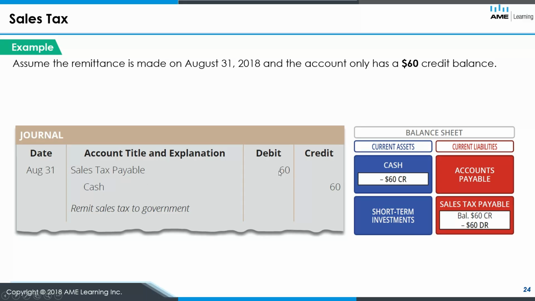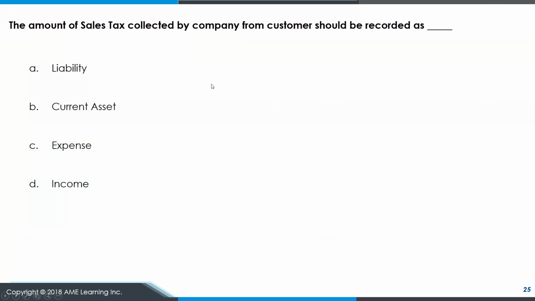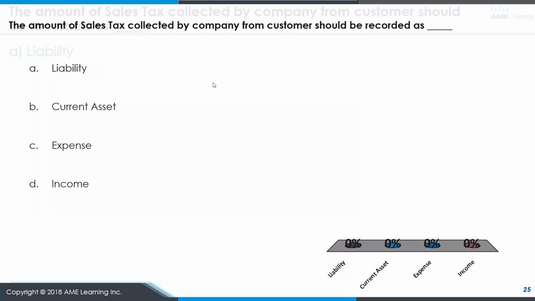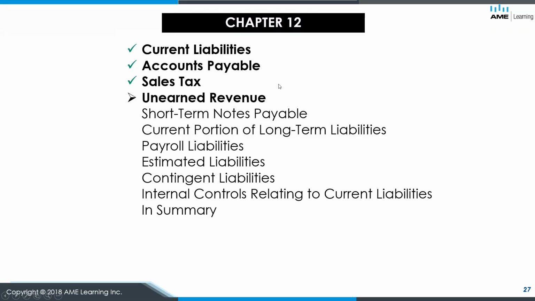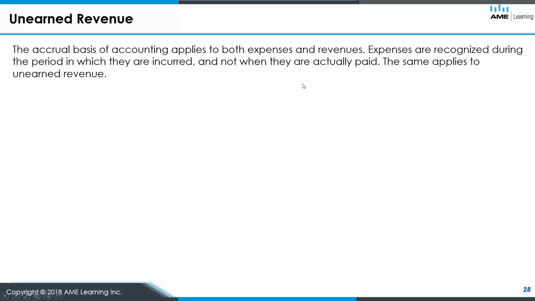And then we reduced the liability at that point as well, because we've now remitted the funds. We have no further liability for this specific sale, essentially. So the amount of sales tax collected by a company should be recorded as a liability. We collect that cash, we hold it in our account, but it's owed to the government, the taxing authority.